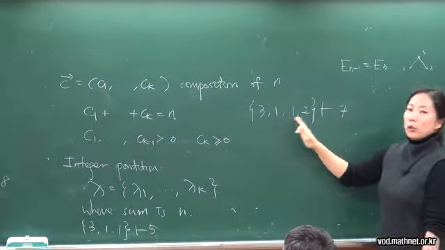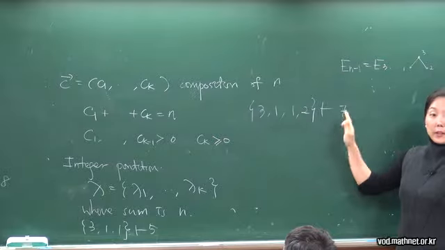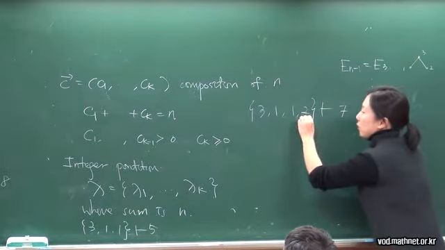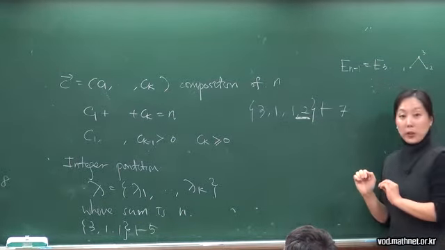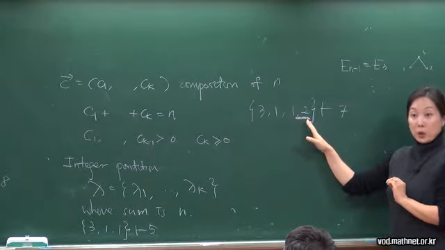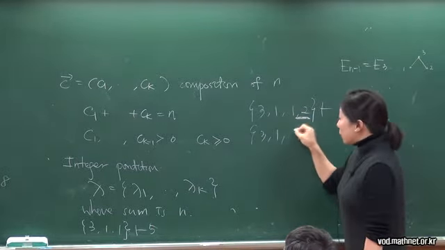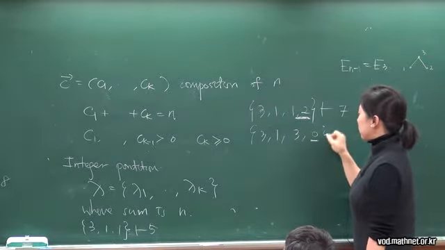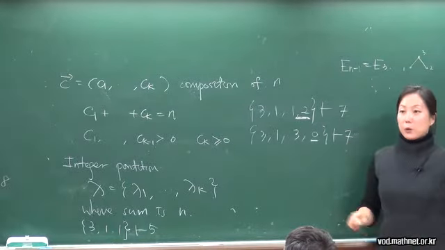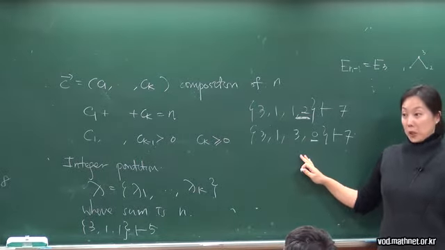That is an integer partition for 7, but I will point the 2 here, because 2 could be 0. So 3, 1, 3, 0. This is possible for your pointed integer partition.